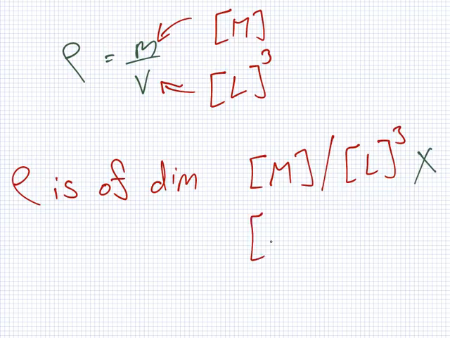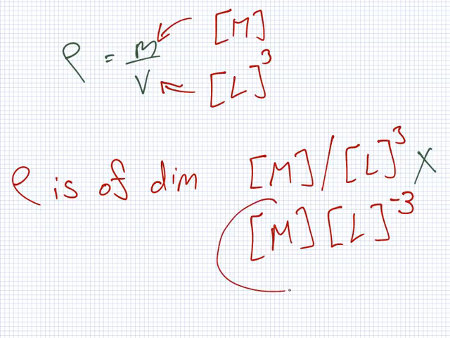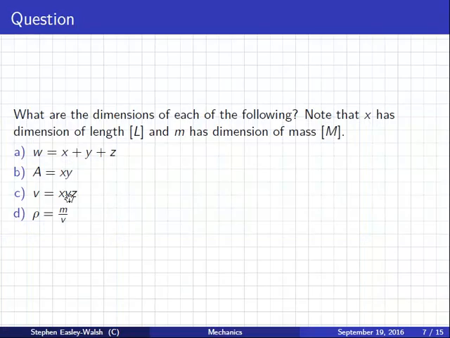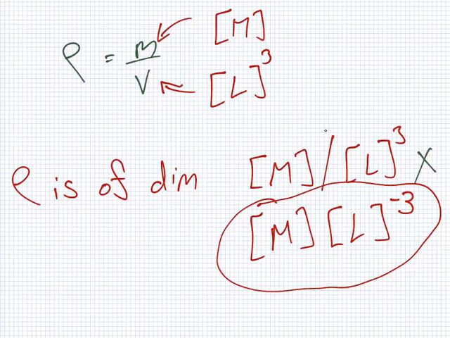It's more normal to write it like this, minus 3. Okay, so this is the answer for part D. We have to use the previous answer and the information in the question.